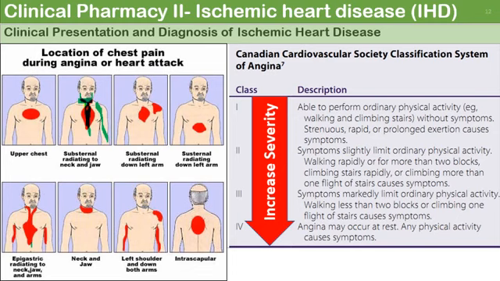Also SOB. So what do we do to confirm substernal chest pain? If we give sublingual nitroglycerin and it relieves the pain, it is possibly due to angina, or we rapidly do a 12-lead ECG that indicates the presence of ischemia, about 1 mm of ST segment depression or elevation.